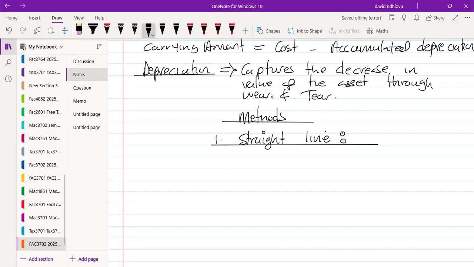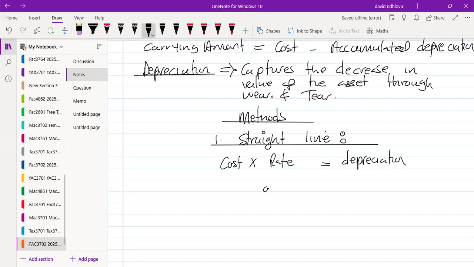you must have an appreciation. Remember, to calculate the straight line, we take the cost of the asset multiplied by the rate, then we are able to get the depreciation, prorated for the number of months in a particular year in which the asset was used.